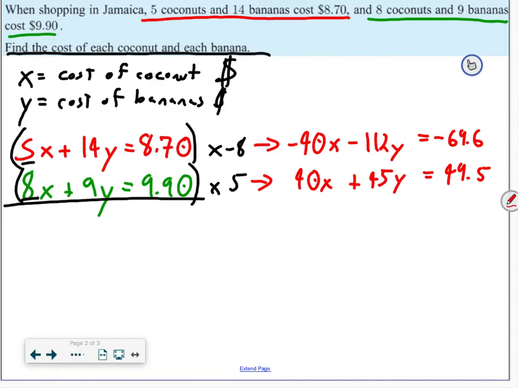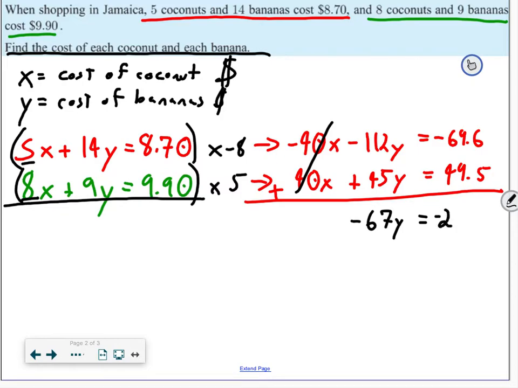Now since I have them lined up, add them up and eliminate. My x's are going to eliminate, so those go to 0, and I have -112y plus 45y, and I'm going to get -67y equals -69.6 plus 49.5, and I get -20.1.